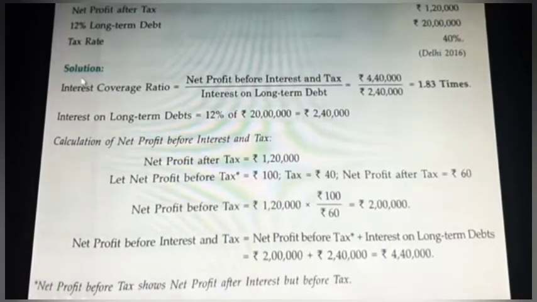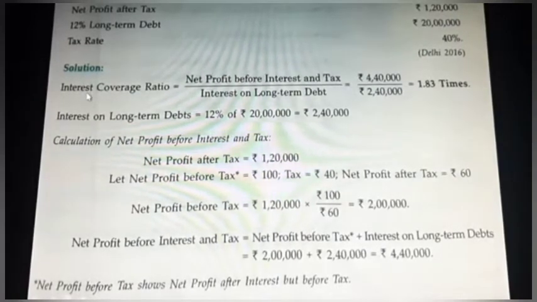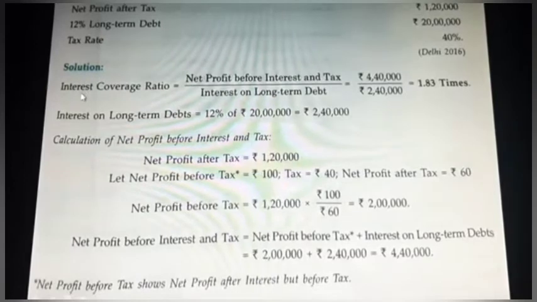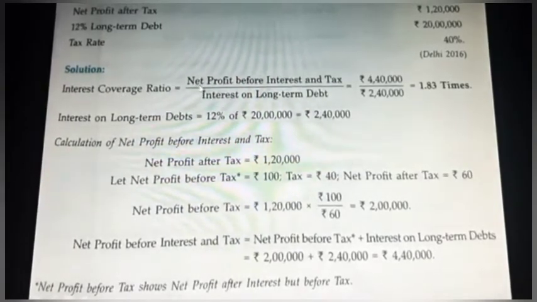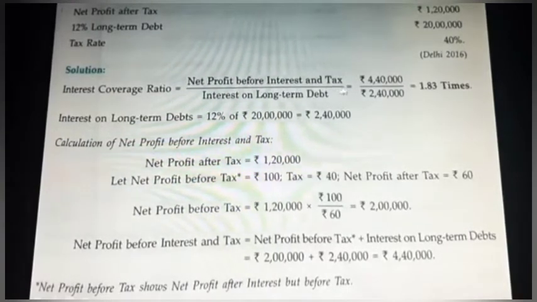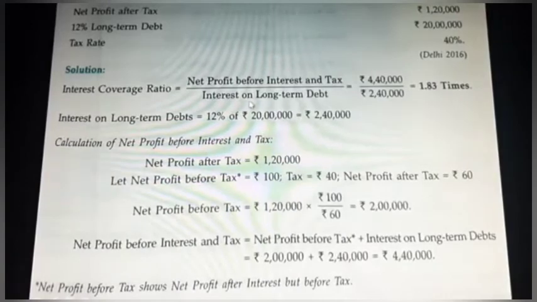As a part of solution, the first thing is write the formula. Its formula is net profit before interest and tax divided by interest on long-term debt.